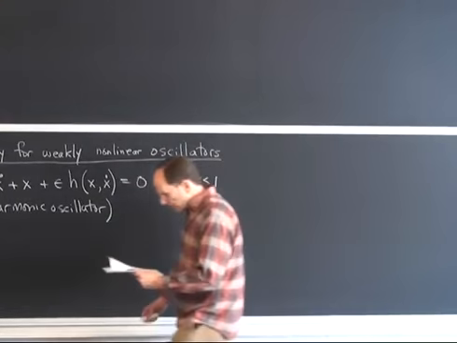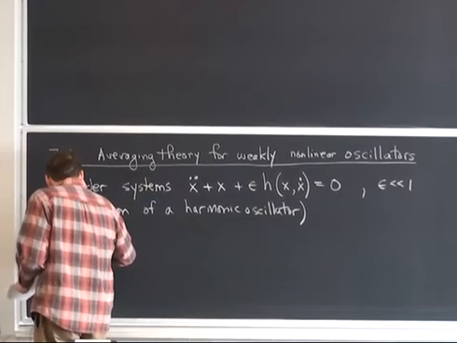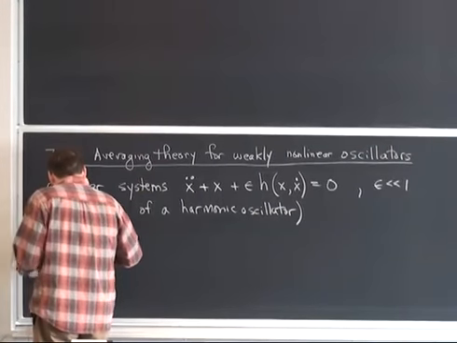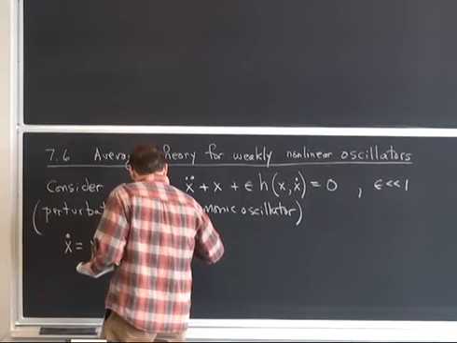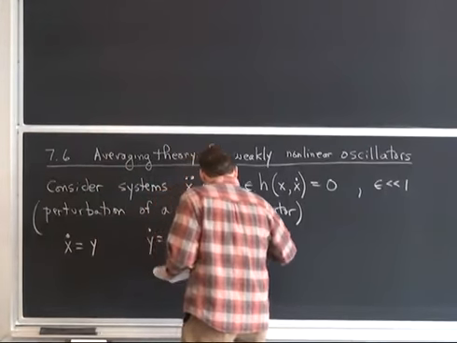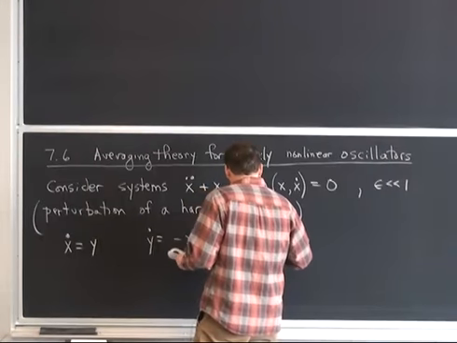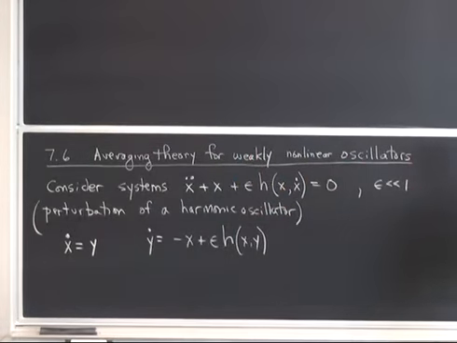We have this system. Now, we know that when we write it in the phase plane, it would look like, let's say, X dot equals Y, Y dot equals negative X plus epsilon H of X and Y. And in the simple case when epsilon is 0, we know exactly what happens.